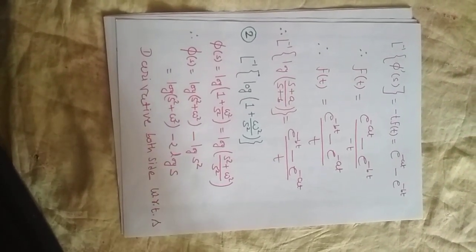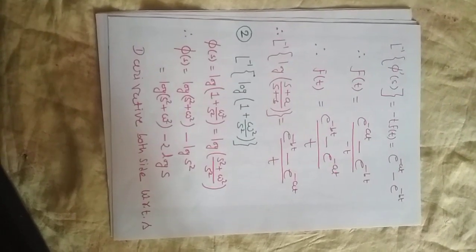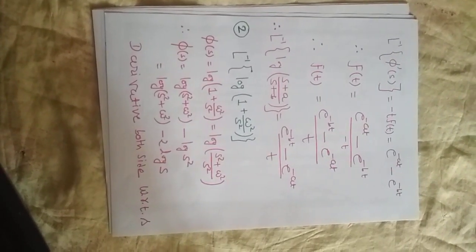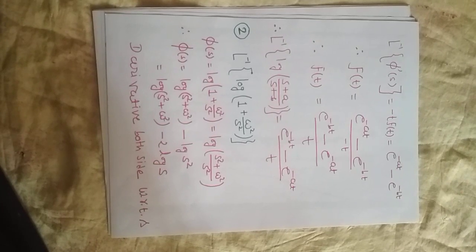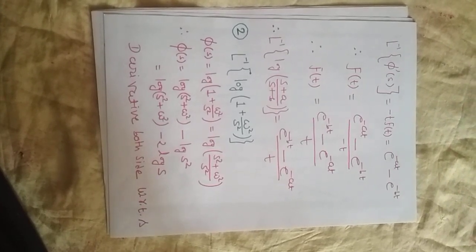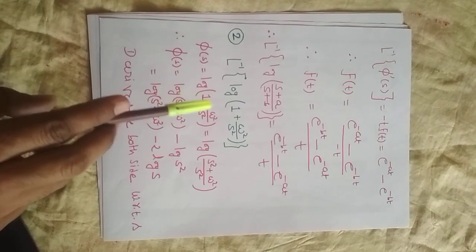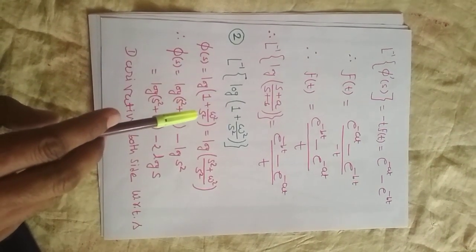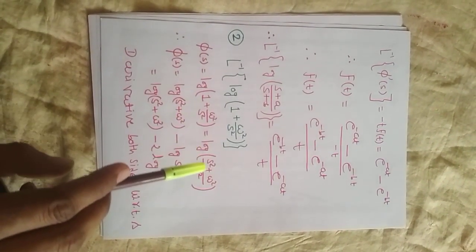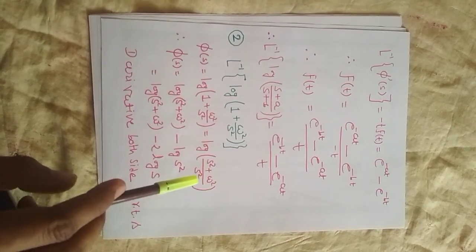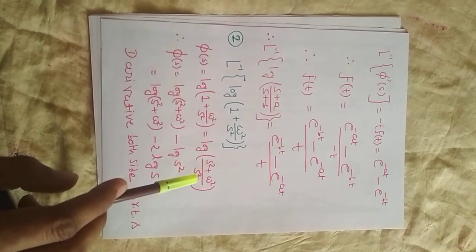Let us see the second example. It is a similar type to the above example: log of 1 plus omega square upon s square. So phi of s will be log of 1 plus omega square upon s square. That can be written as log of (s square plus omega square) upon s square.